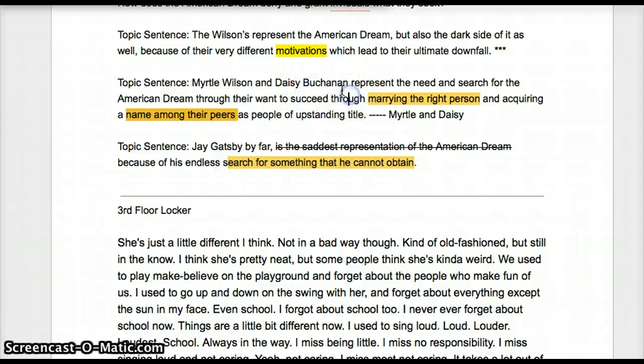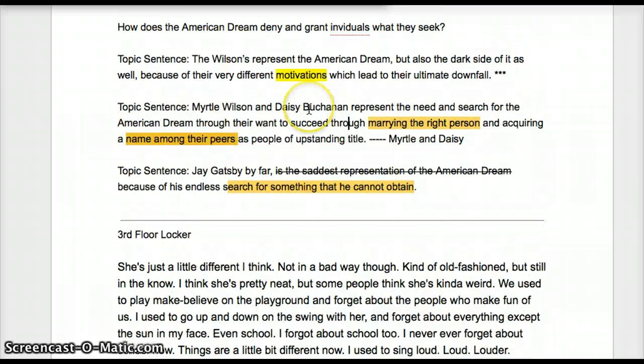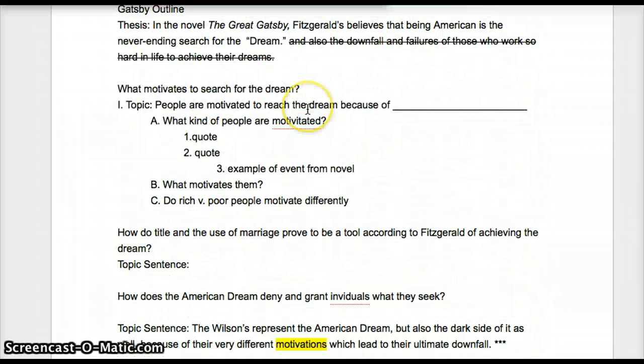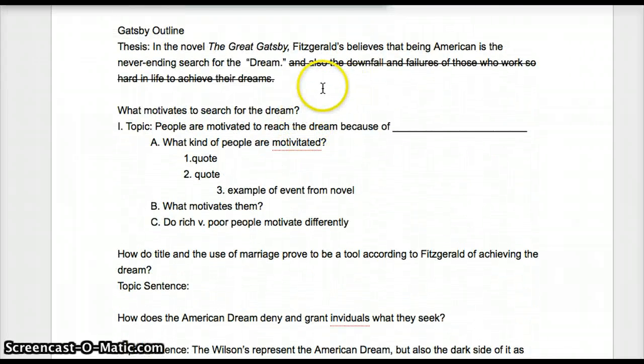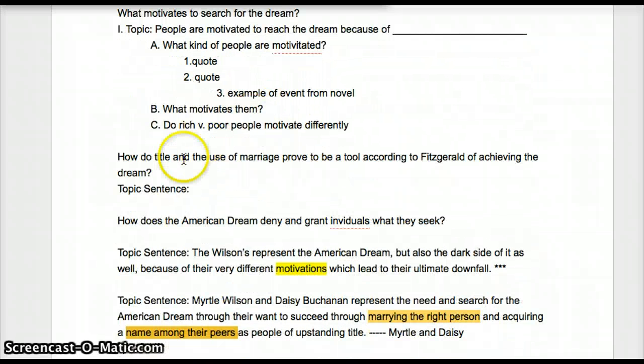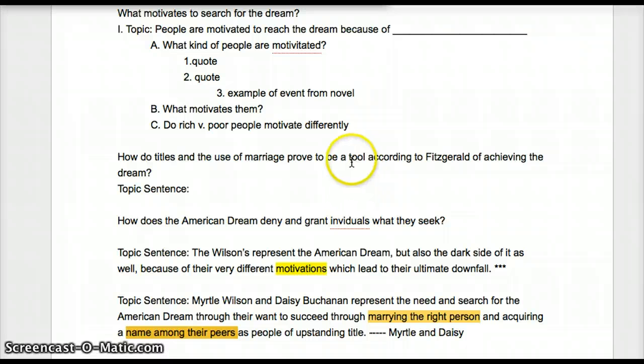So I took her big ideas and I came up here and asked the right questions. On this idea, I want to know what motivates people to search for the dream. The next question I ask is, how do the titles and the use of marriage prove to be tools, according to Fitzgerald, for achieving the dream?